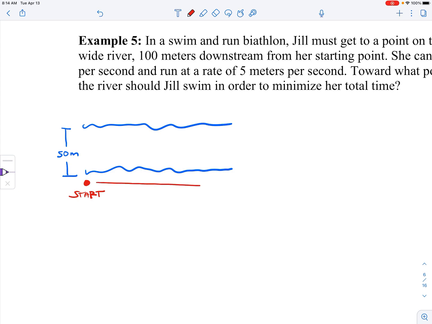So 100 meters downstream, let's say that that's 100 meters from the start, but on the other side. So this point on the opposite side of the river will be the finish.